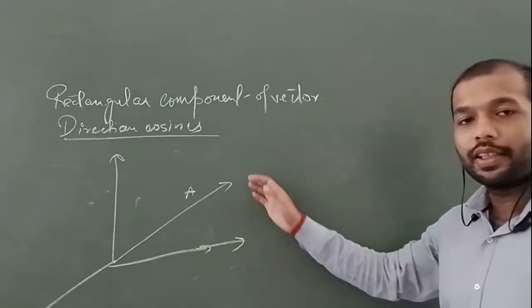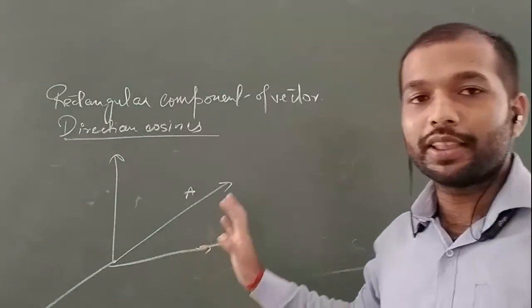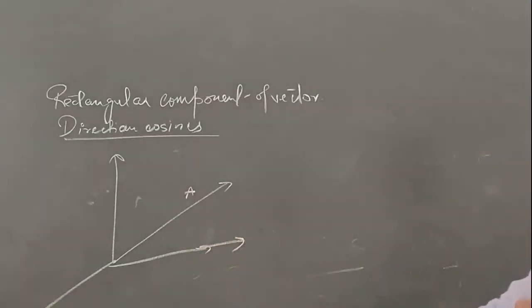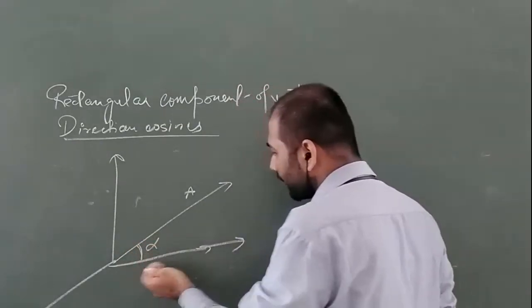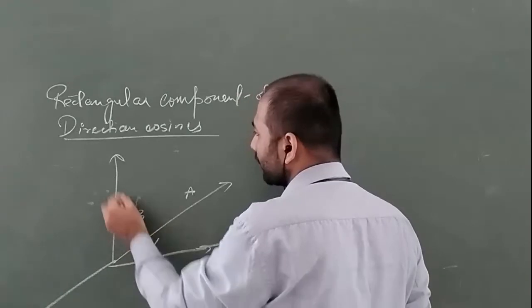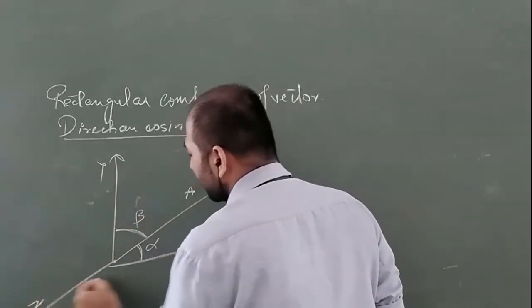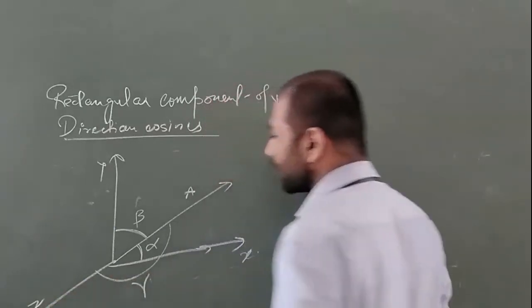It is appearing as a 2D vector, but actually we have drawn a 3D vector, that you have to assume. Let's say it is making an angle alpha with the x-axis, an angle beta with the y-axis, and an angle, let's say gamma, with the z-axis.